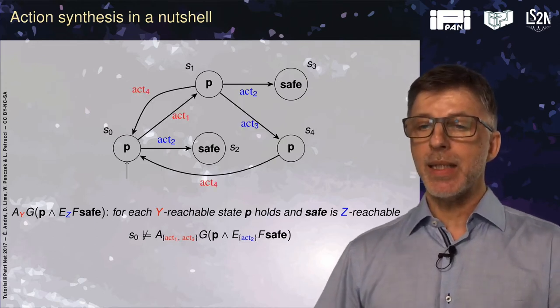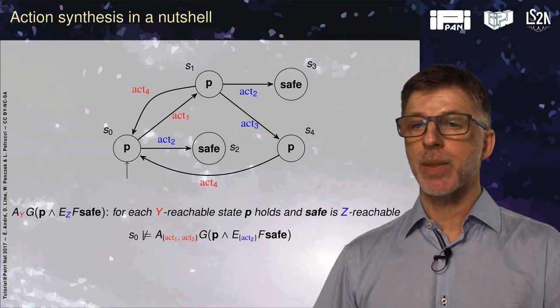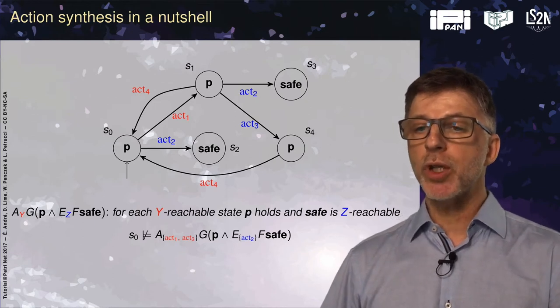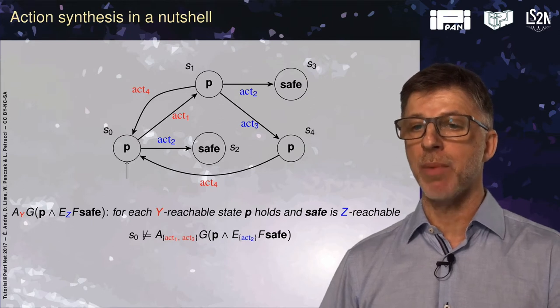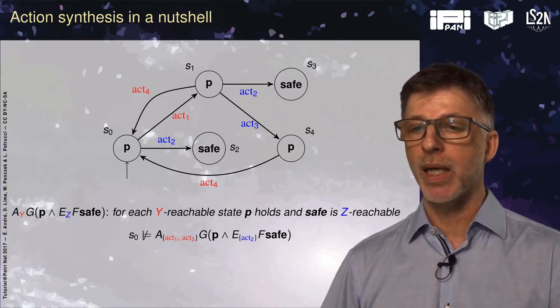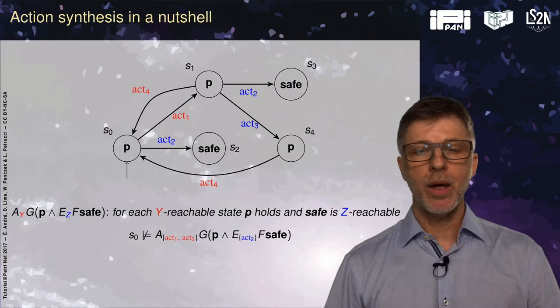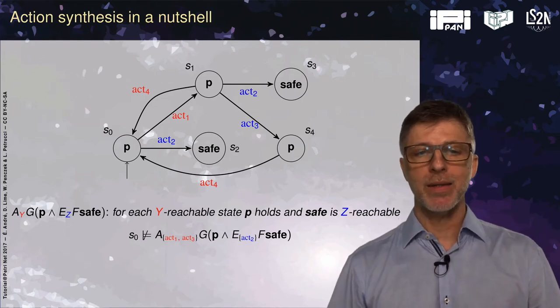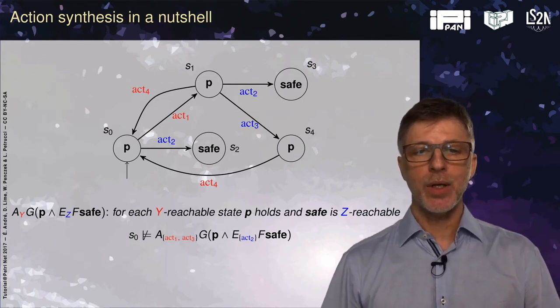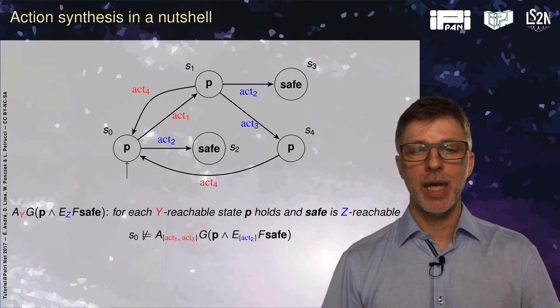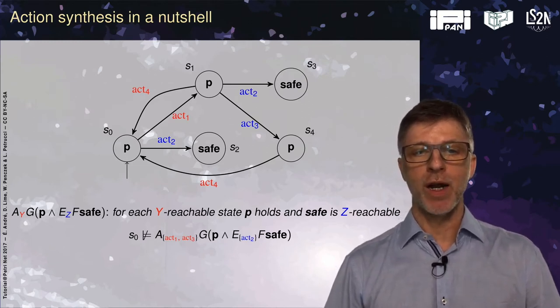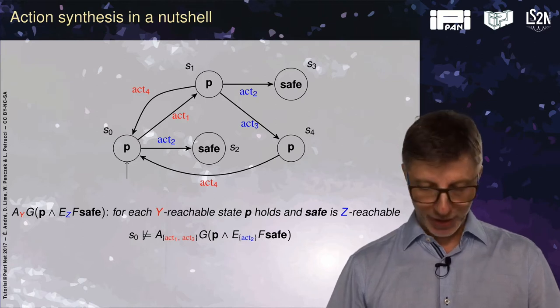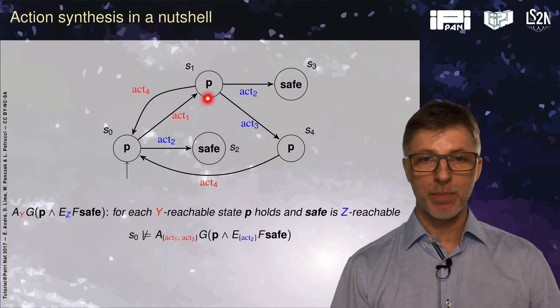Now let's see that there are assignments to that formula which do not make it hold. One of such assignments is, for example, Act 1 and Act 3. In order to find out that this is not the case, you need to see that there is only one maximal path over Act 1 and Act 3. Namely, this is that path.